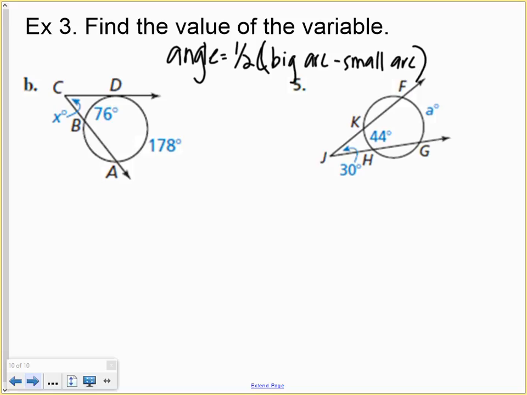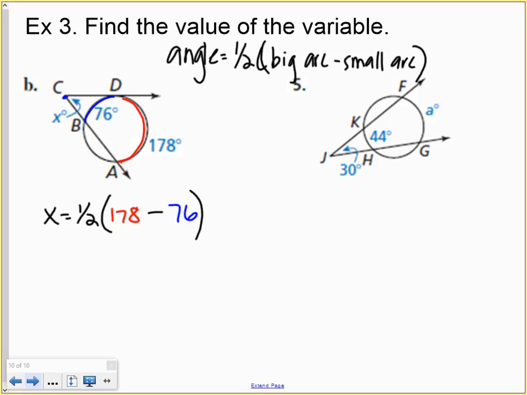So on the first problem, which of those degree measures is marking the angle measure? Someone just said it. X. Okay, that's your angle. Angle equals 1/2 the bigger arc, or the arc further away, minus the closer arc. So the arc further away is your 178, and your arc closer to the vertex is 76.